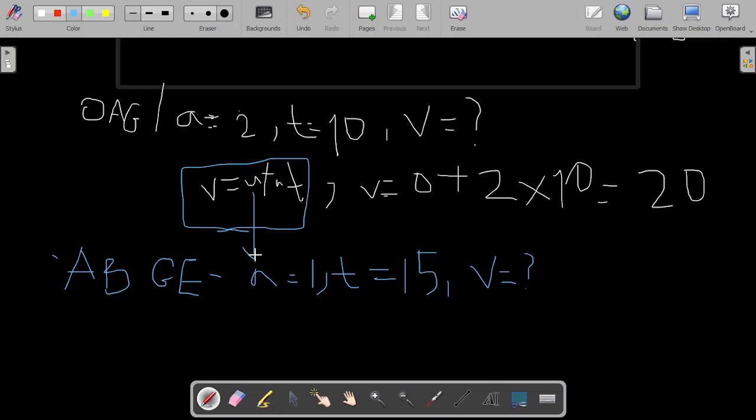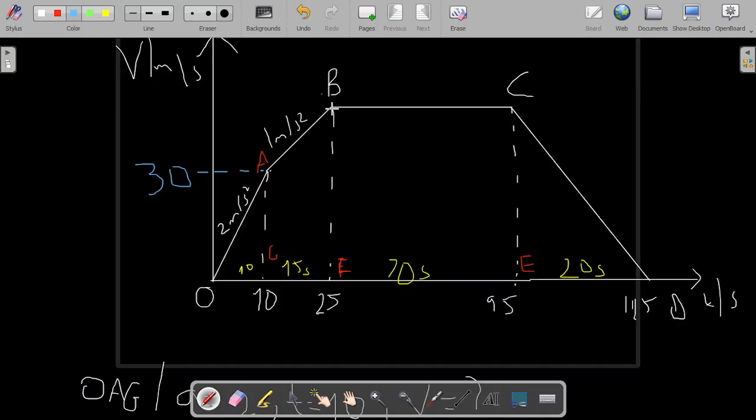So we now solve. We say v equals u plus at, which is initial velocity, which is 30, plus 1 times 15. Say 30 plus 15, which gives us 45 meters per second. So here is the velocity of this one, which is 45.